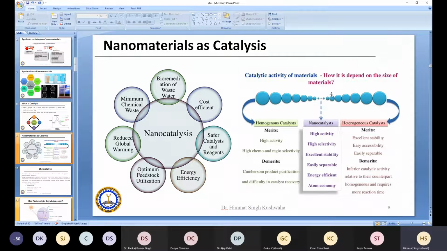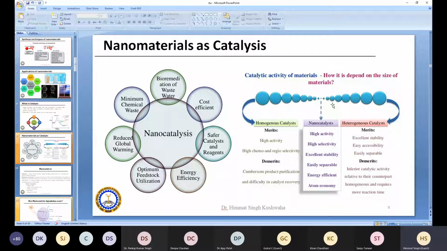The basic properties which make these nanomaterials efficient catalysts are their high activity, their high selectivity, their stability, their separability from the process, and that they are energy efficient.